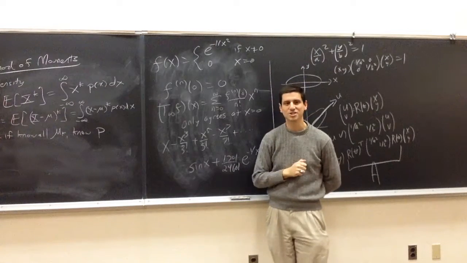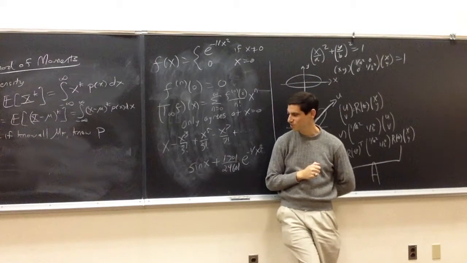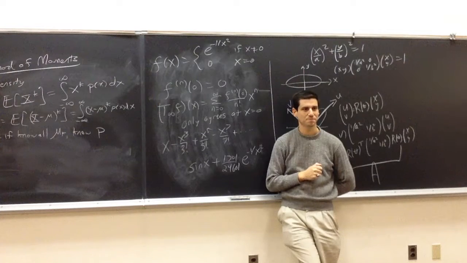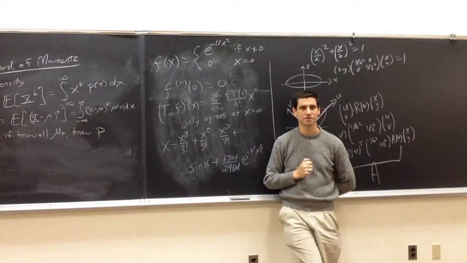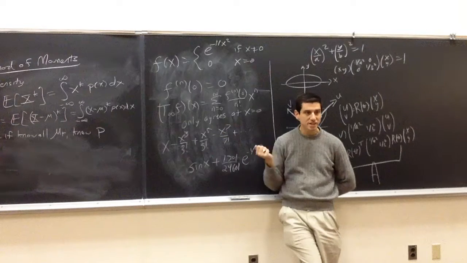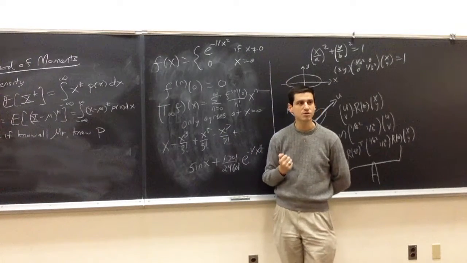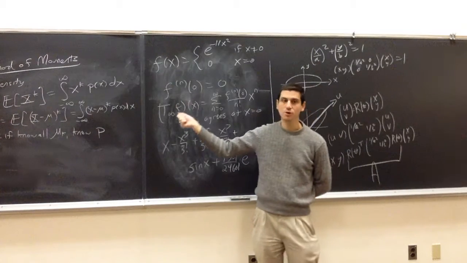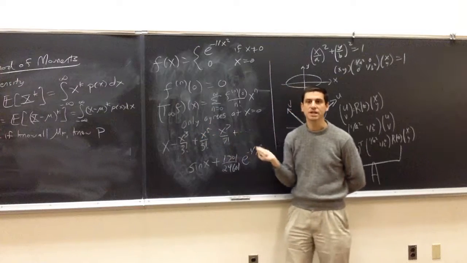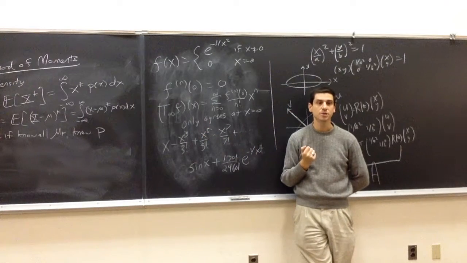And that was the function I was thinking of, sine of x, plus e to the negative 1 over x squared. If you look at the Taylor series of these two functions, what can you say? They're identical. You cannot distinguish functions just by looking at their Taylor series. So when we're trying to do the method of moments, if I give you a sequence of moments, it is not always going to uniquely determine a probability distribution. That's horrible.